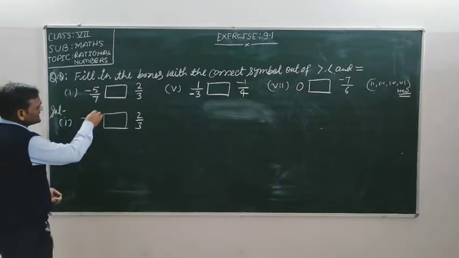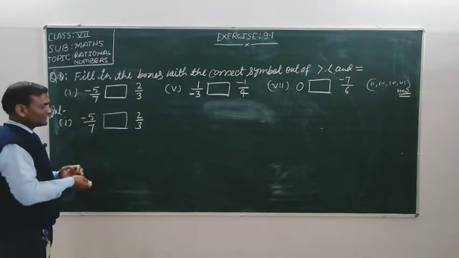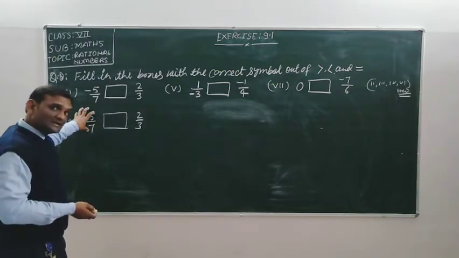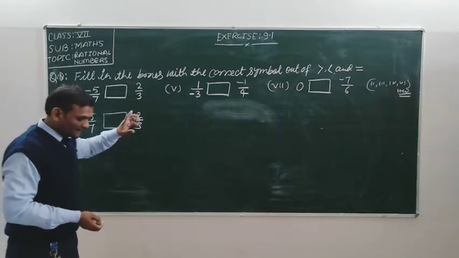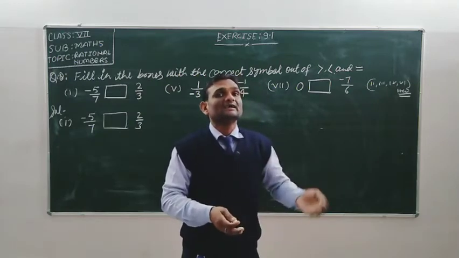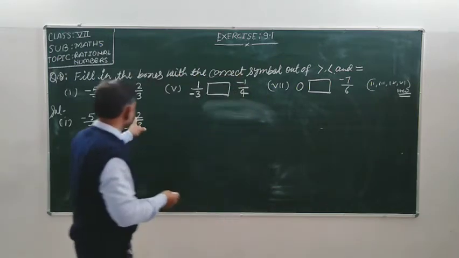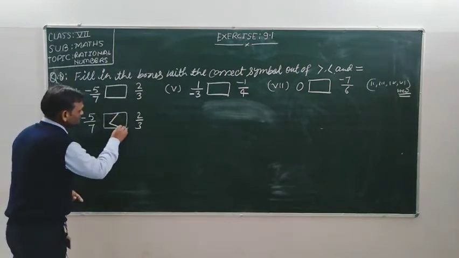So student, this is a negative rational number, you know, minus sign is given, and this is a positive rational number, and I have told you positive number is always greater than the negative. So this rational number is greater, so you will use this symbol.